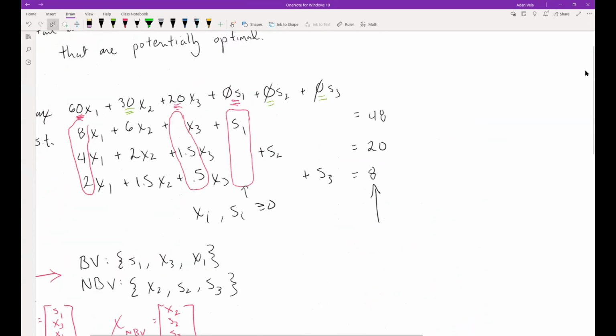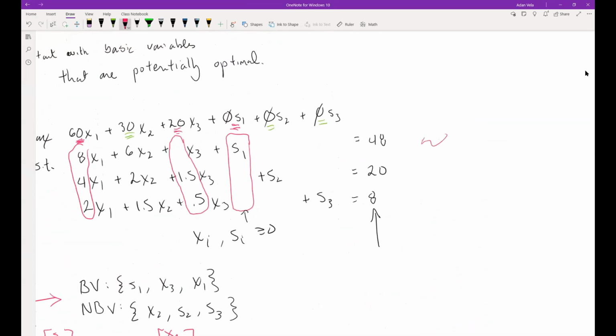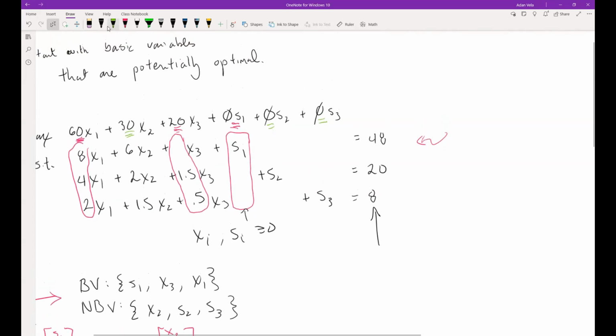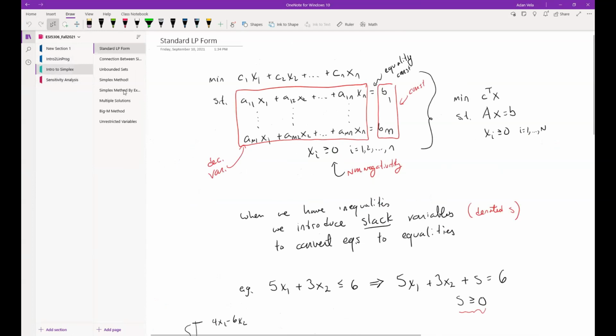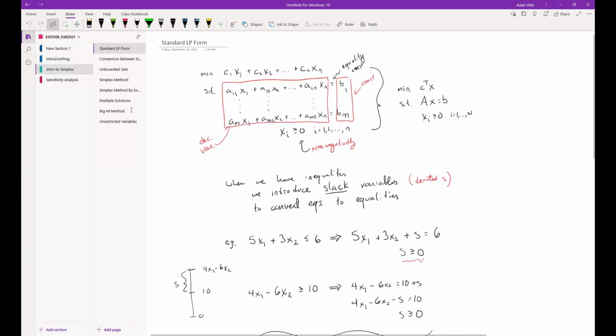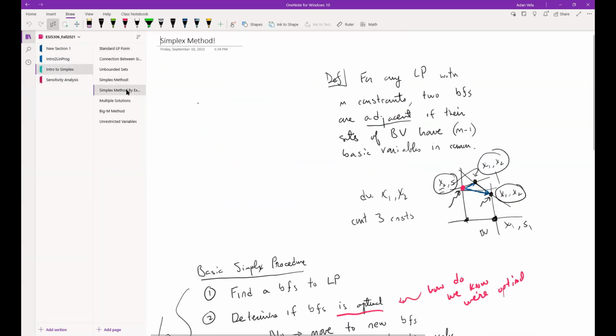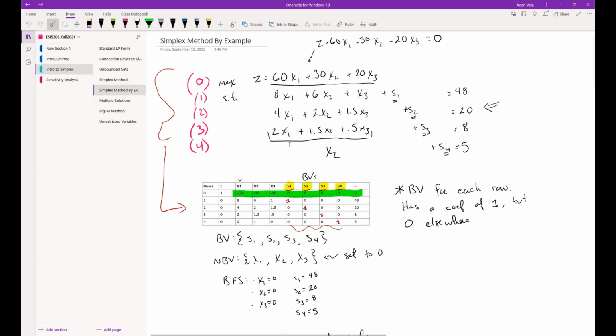originally, when we solved this problem in a previous class, we ended up with a simplex table, right? And let's see if I can find it. Simplex method, by example. Is this it? Yeah, so this is the original problem.